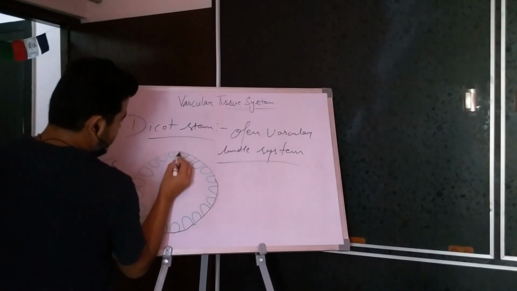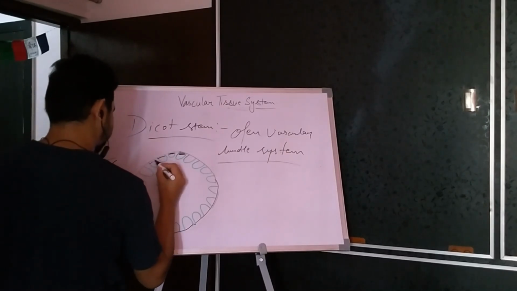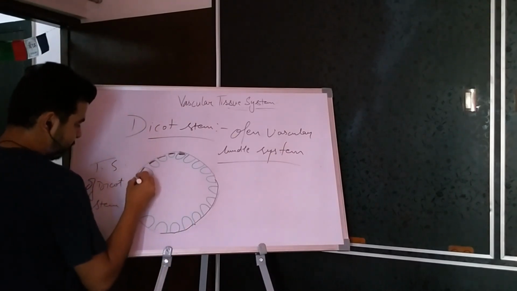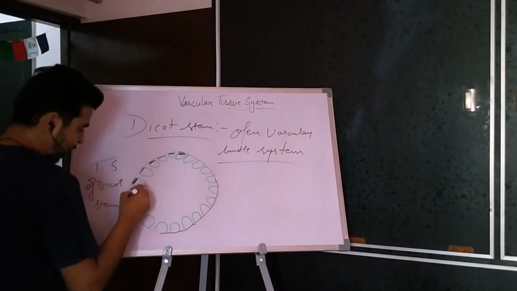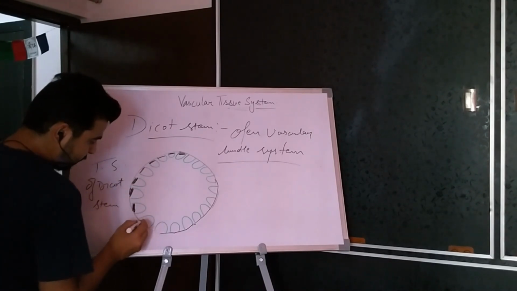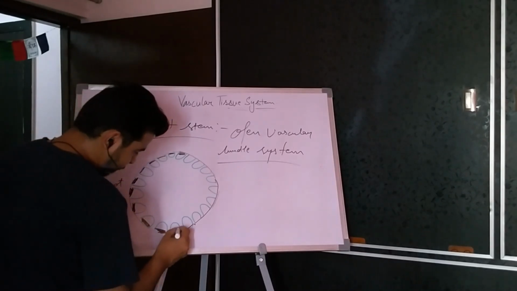Here also phloem is present towards outside and xylem towards inside. The point by which we differentiate between the stem of dicot and monocot is that the phloem and xylem are separated by cambium.